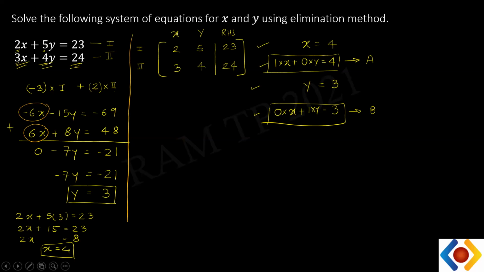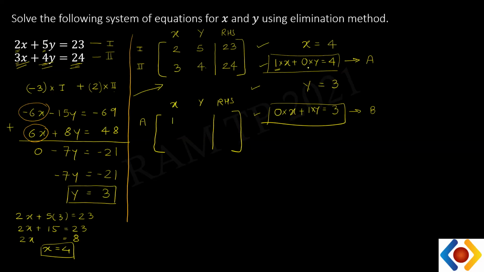Now the way we prepared this matrix, let's try to prepare another matrix for equation A and B. So again, x, y, and then we have the right hand side. Equation A: what is the coefficient of x? 1.